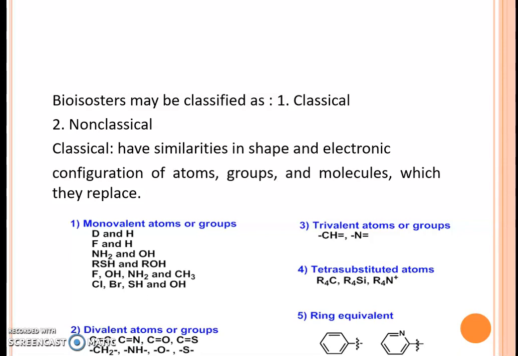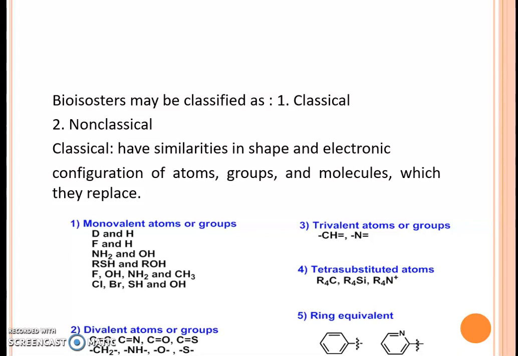They are classified as classical and non-classical. Classical bioisosters have similarities in shape and electronic configuration of the atoms, groups and molecules which they replace. You can see the examples. Monovalent atoms: bioisosters are deuterium and hydrogen, fluorine and hydrogen, ammonia and water, ammonia and hydroxyl group, etc. Divalent examples are carbon double bond carbon, which can be replaced with carbon double bond nitrogen.